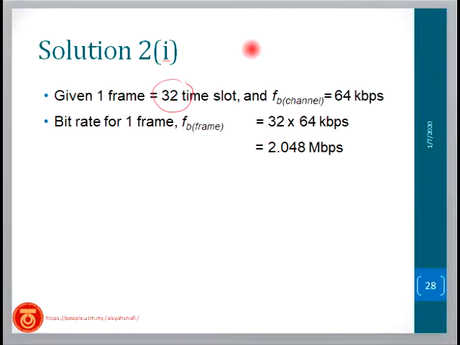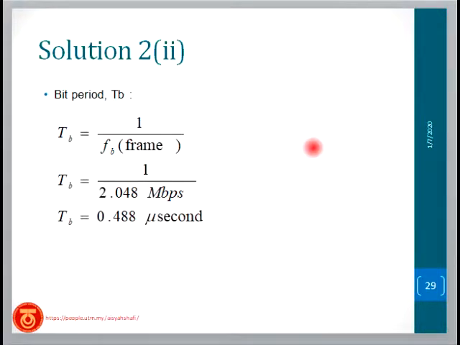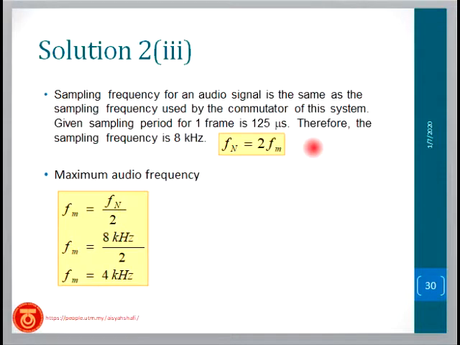So the bit rate for one frame is 32 times 64. So you will get 2.048 megabits per second. And then the bit period is 1 over the frame frequency. So 1 over 2.048 is 0.488 microsecond. And the third one is the maximum audio frequency.